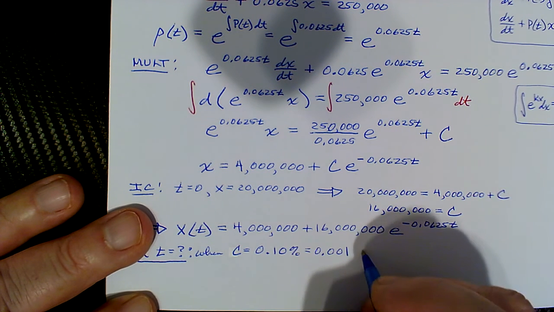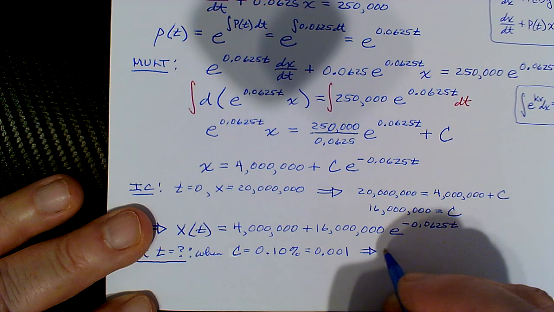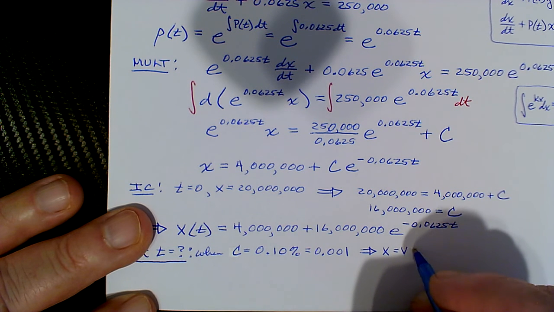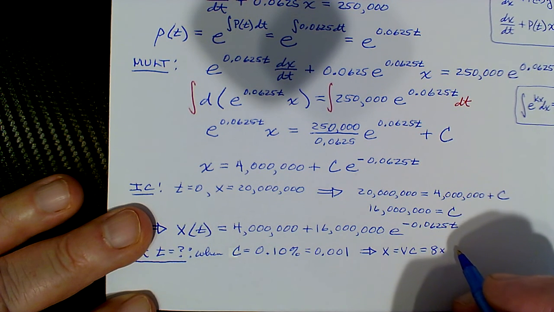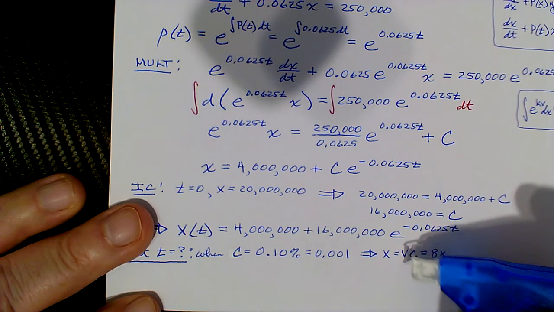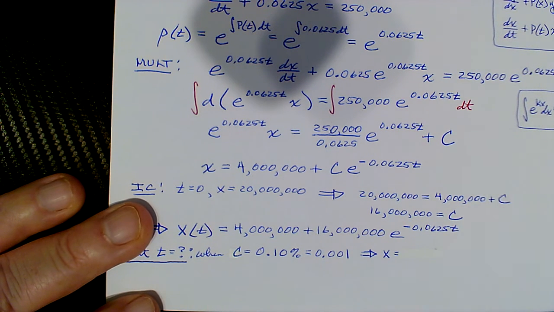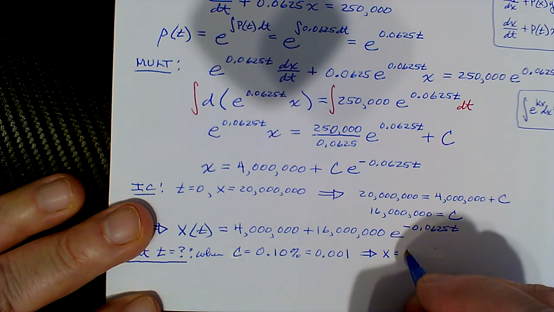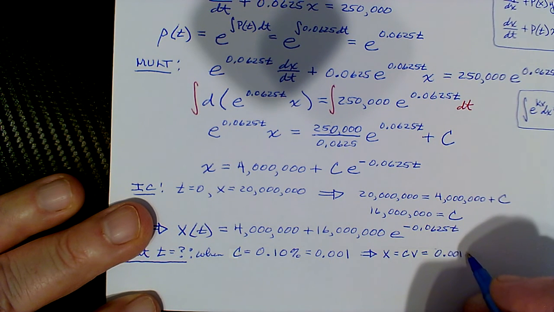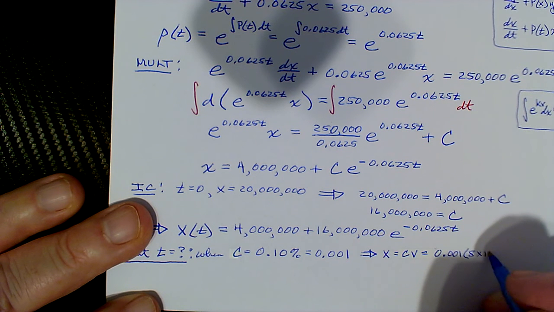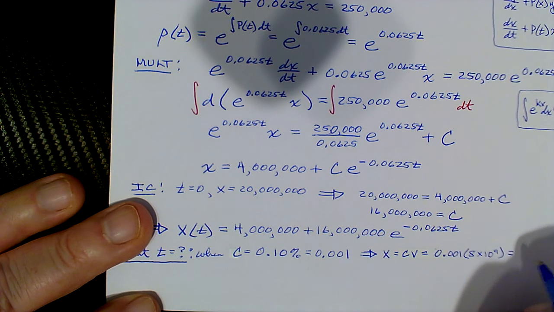So we'll have to find the x. Just like we did with the initial conditions, x equals C times V. So that's the concentration, 0.001, times the 8 times 10 to the 9th, which gives us 8 million.